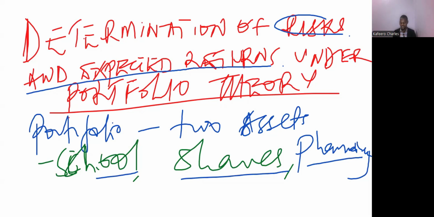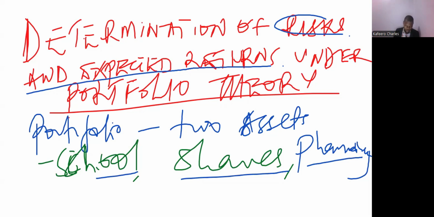But now you are seeing that the examiner has given you 3 projects. So we are going to formulate what we call the portfolios. You can decide that you are going to invest in a school and shares, or in a school and a pharmacy. So there are going to be 2 investment projects.